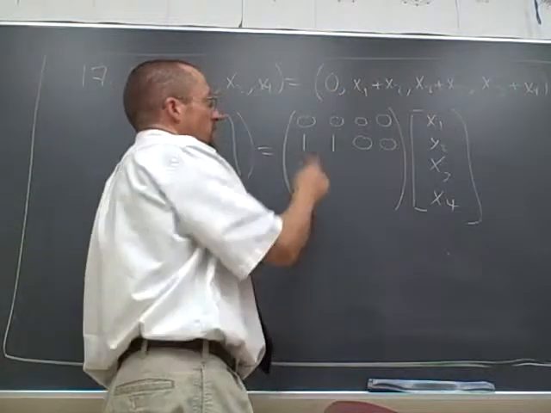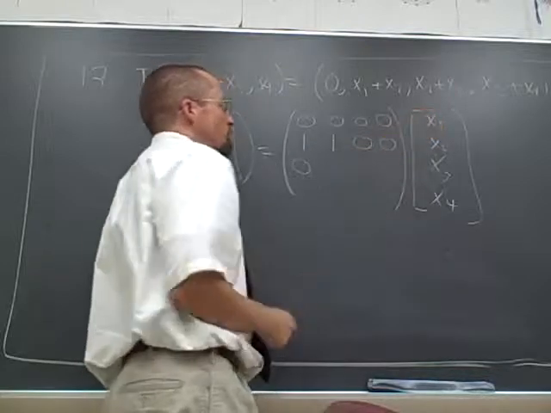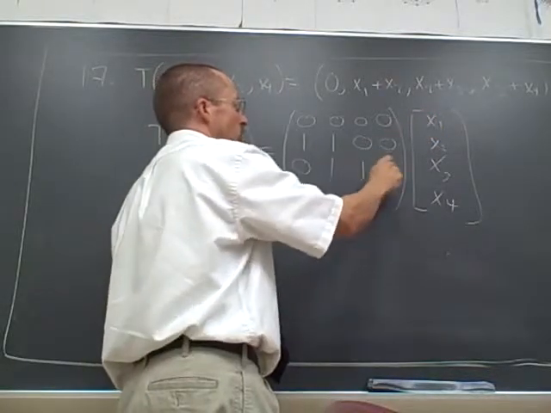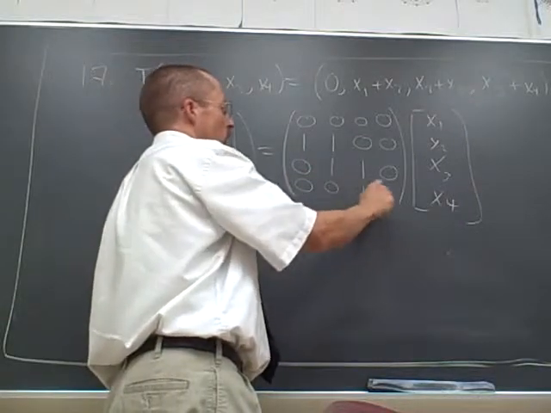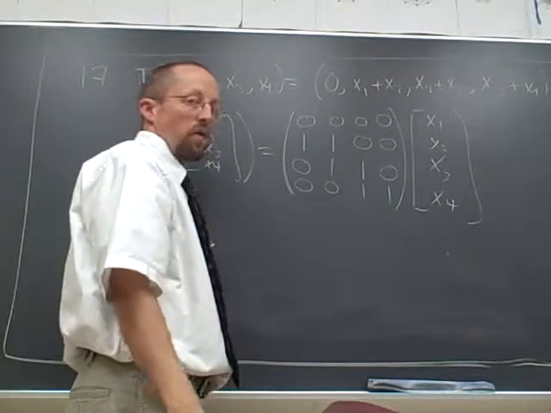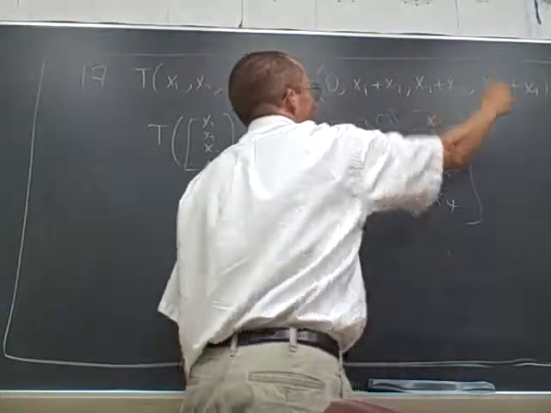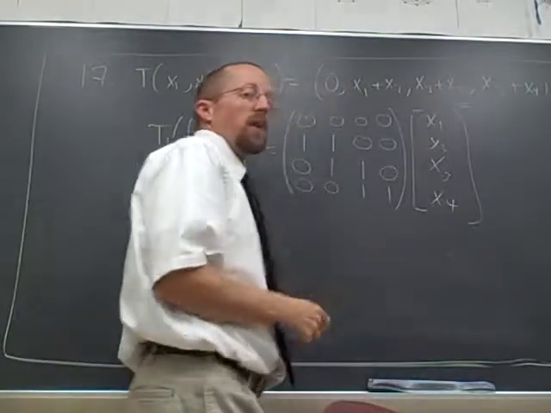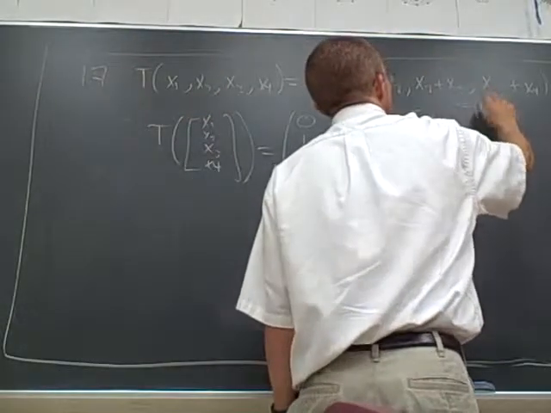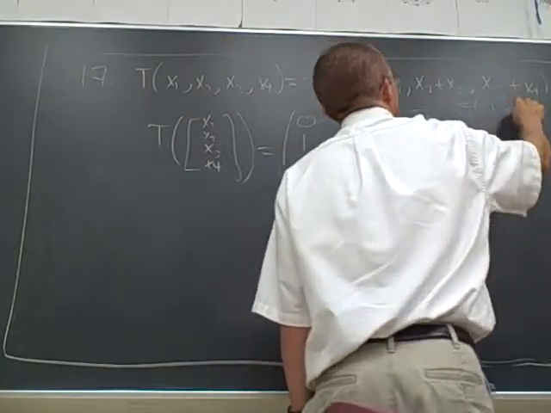Third output doesn't have any pairing with x1, but it does pair with x2 and x3, but not with x4. And the fourth output pairs with x3 and x4. So that was going output by output. I could have also just said, let's break it up by inputs. What part of this depends on x1?